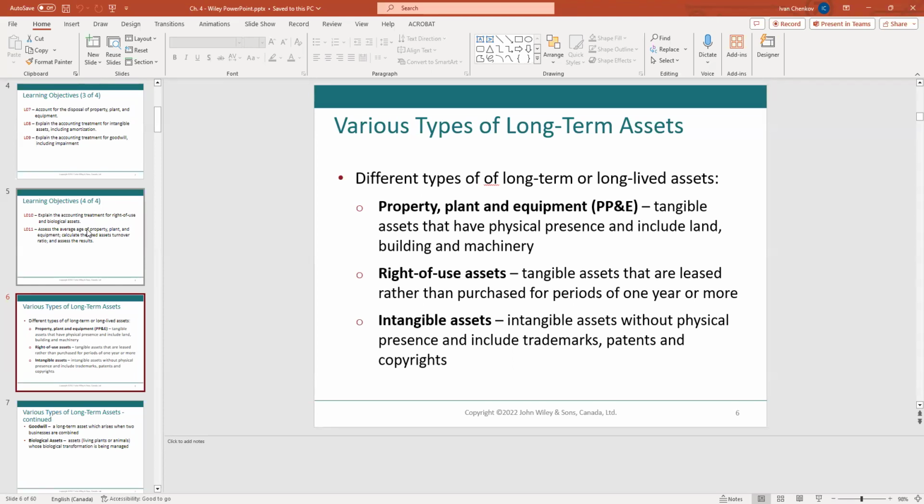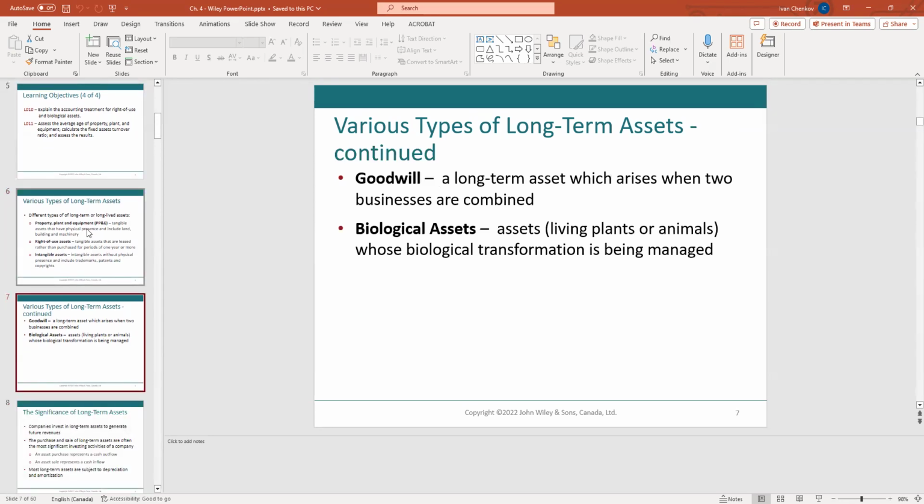Then we have the right of use, which is also a tangible asset, which can be leased by the company for a period of 1 year or more. And then we have the category of intangible assets, which are the assets without physical presence.